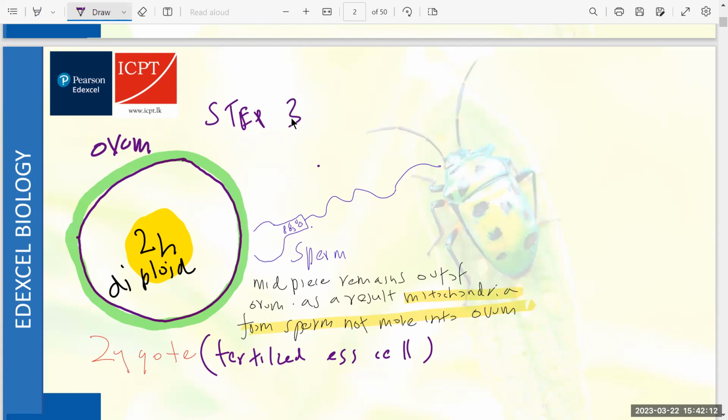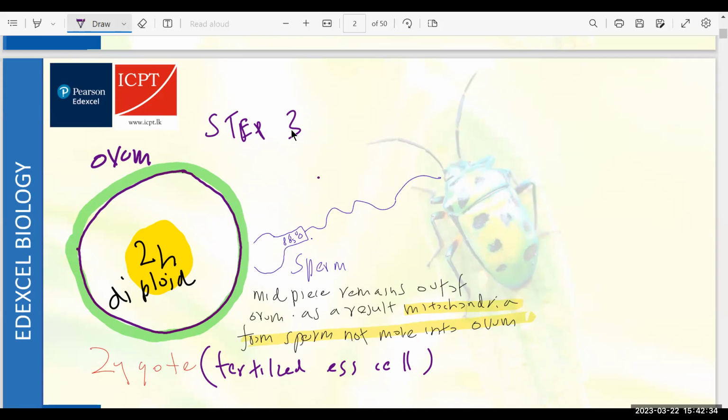The first step is the releasing of the ovum. The second one is sperm cell and egg cell fusing. At the third stage, it makes a zygote and the rest of the cell stays outside of the ovum. Okay. Can you also add this one at the last step?